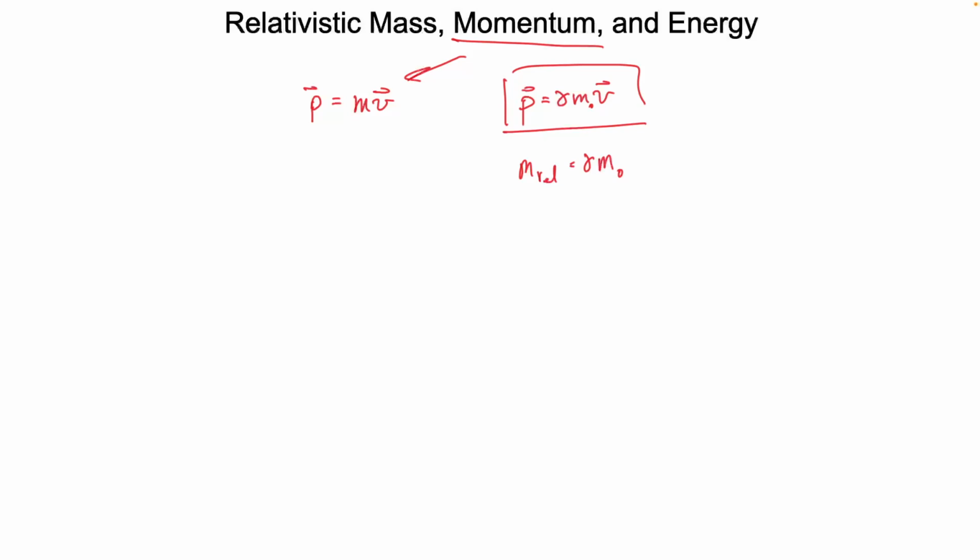Or I could have written just mv, wink wink, it's the relative mass. Usually, when we're in relativity, we're very careful with m naught or the rest mass, sometimes m sub r, and being very explicit about it. But in general, in practice, if you see just m, chances are it's the rest mass all the time. And when you're doing relativity, you throw gammas in everywhere. Otherwise, it gets kind of confusing.